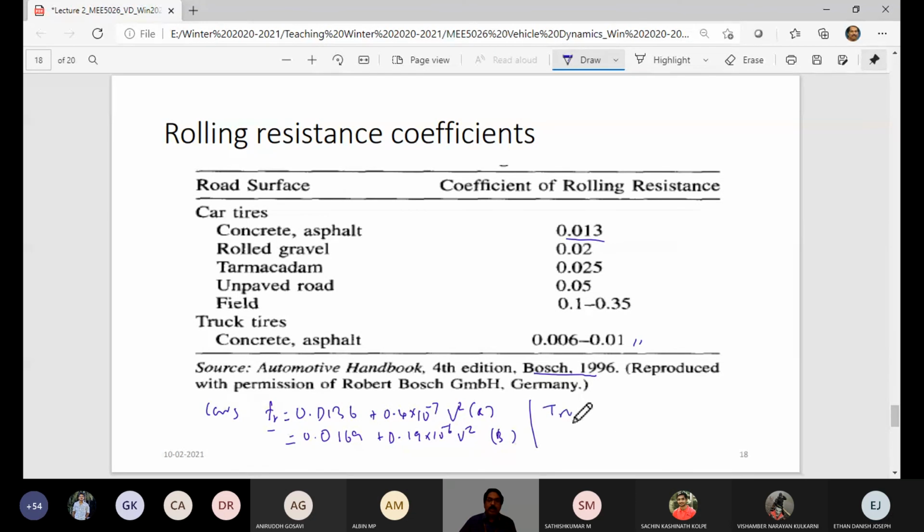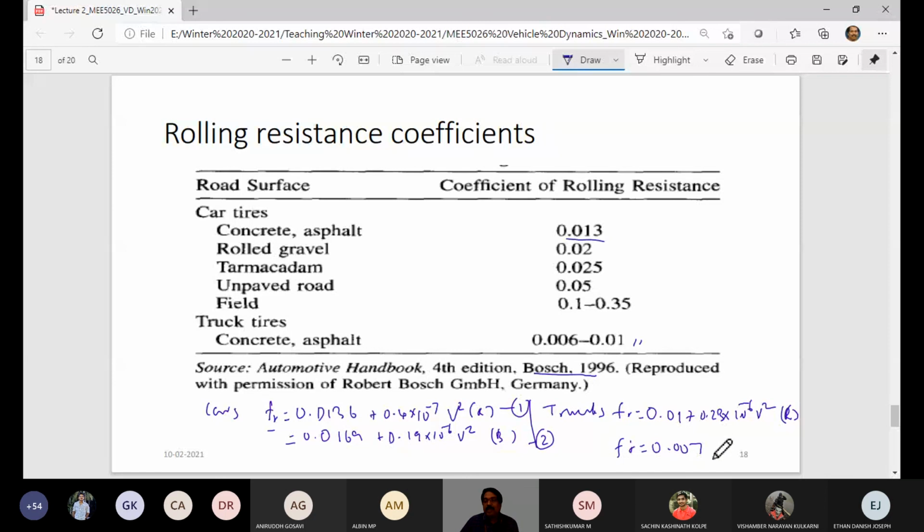So this is formula 1, formula 2, and this is for a truck tire. For radial tires, it is 0.01 plus 0.23 into 10 raised to minus 6 v square, for radial tires. And the rolling resistance coefficient for bias tires of trucks is given by 0.007 plus 0.45.